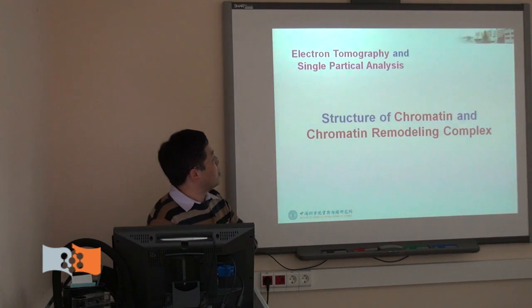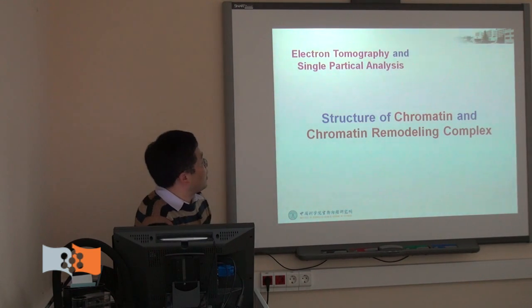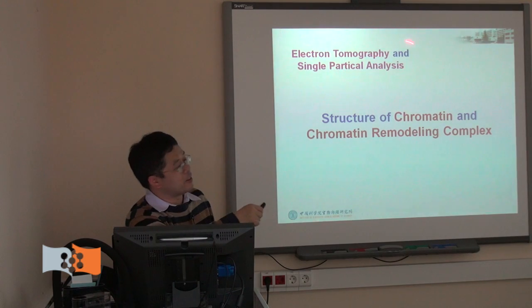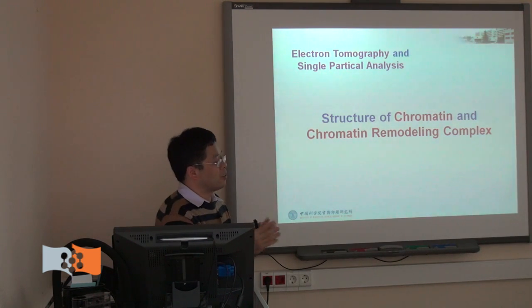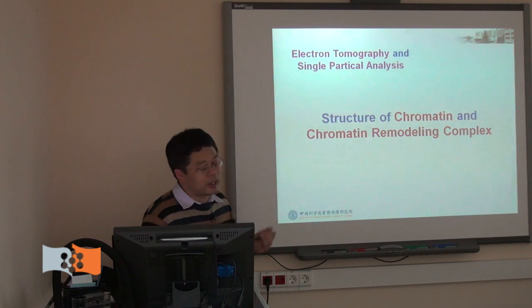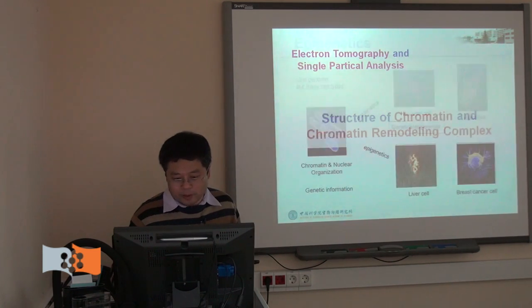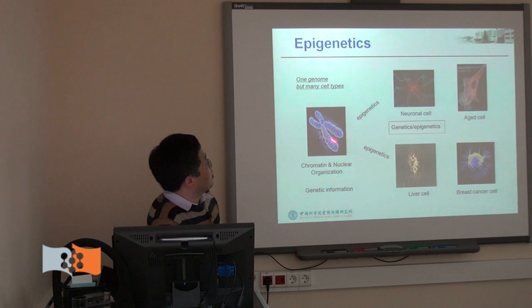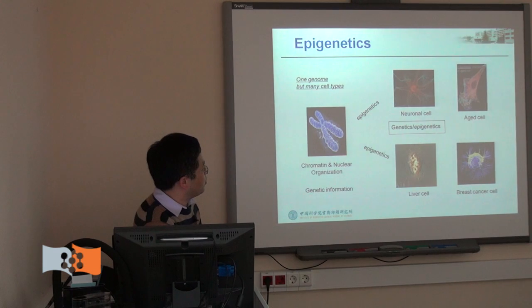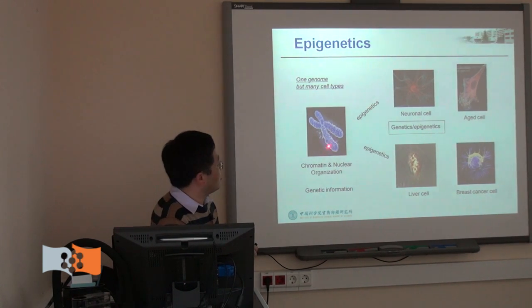Okay, finally I will give another example where we use both electron tomography and single particle analysis. This is totally different; it's not a virus, but it's chromatin and epigenetic related. So this is why we are interested in epigenetics. This is the chromosome; every person has 23 pairs of chromosomes.